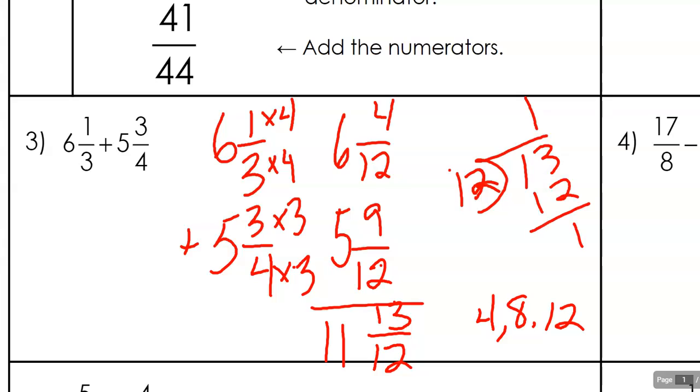So you take the remainder and it becomes the numerator. And again, your denominator stays the same. So whatever the remainder is going to be your numerator. So 13 over 12 is 1 and 1/12. So you're going to take the 1 and 1/12 and add it to the whole number that's already there. And your answer is going to be 12 and 1/12.